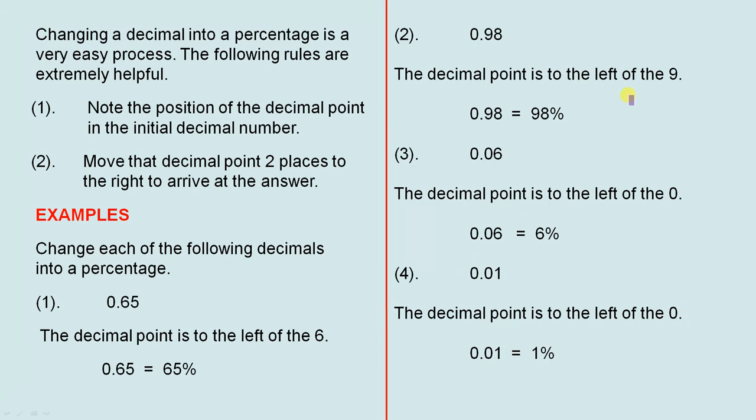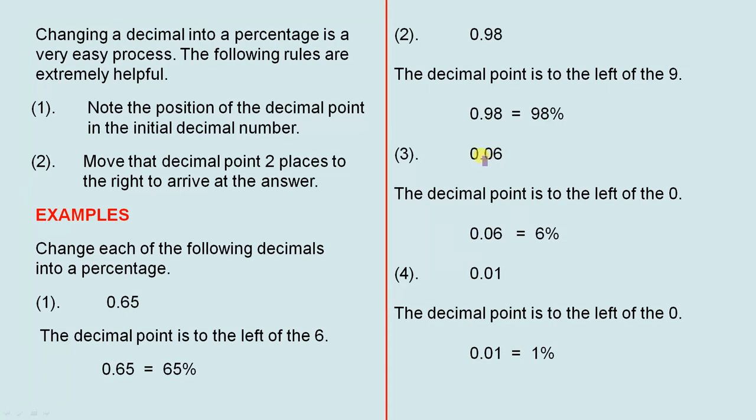Number 2, 0.98. The decimal point is to the left of the 9. We can see that clearly. We now move that decimal point 2 places to the right. 1, 2. And that gives us 98%. Number 3, 0.06. The decimal point is to the left of the 0.